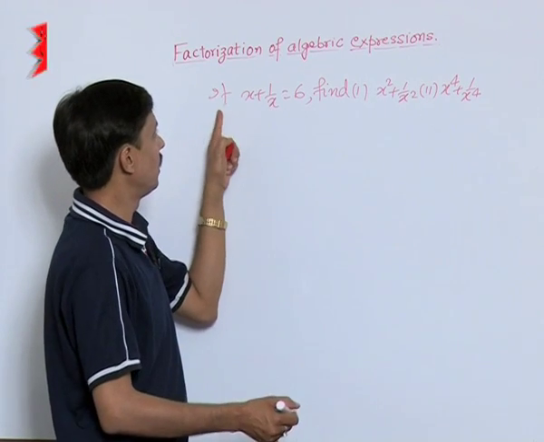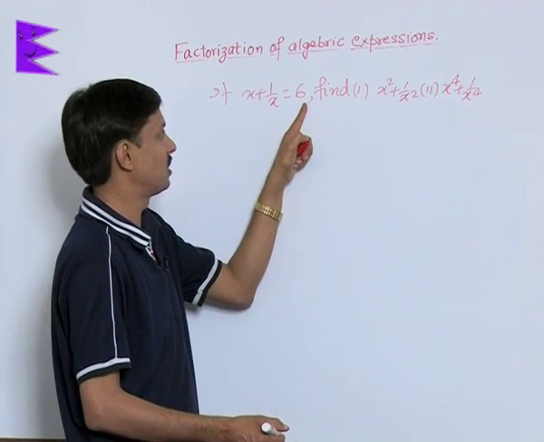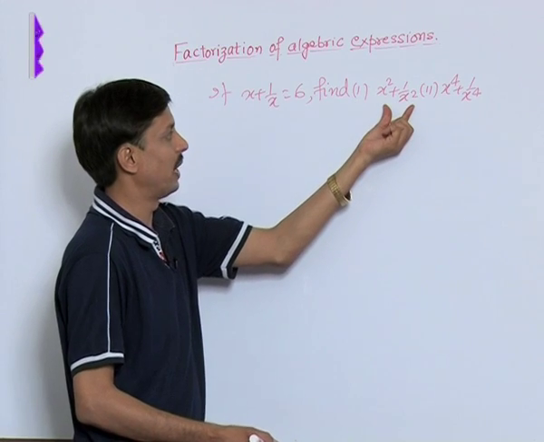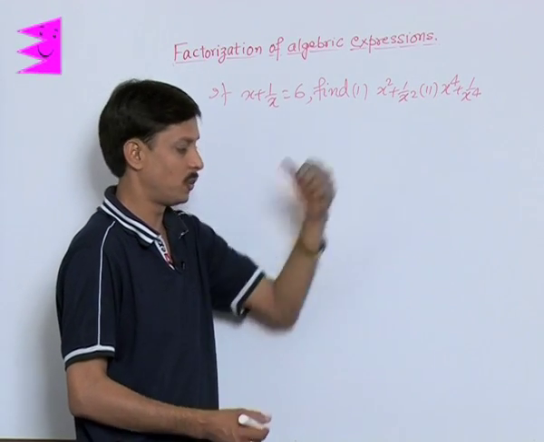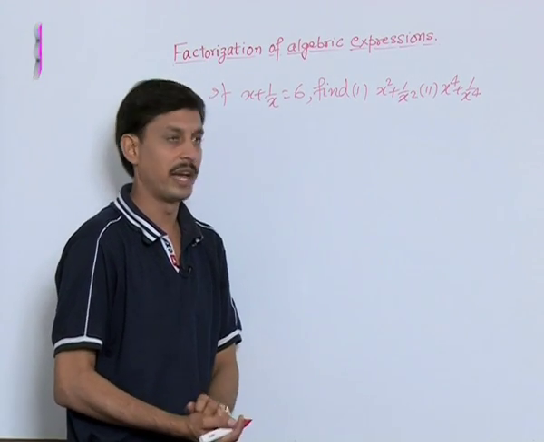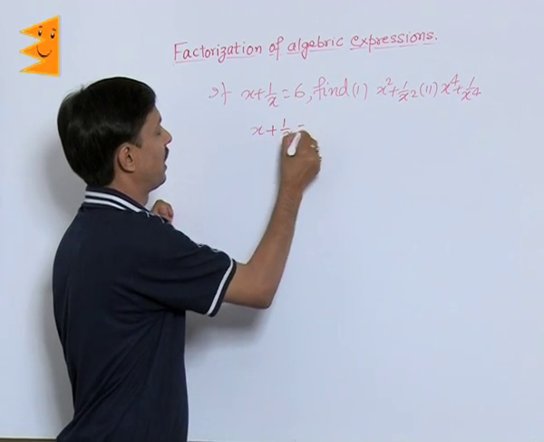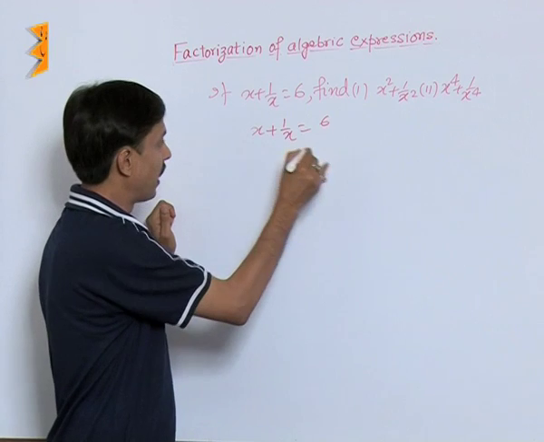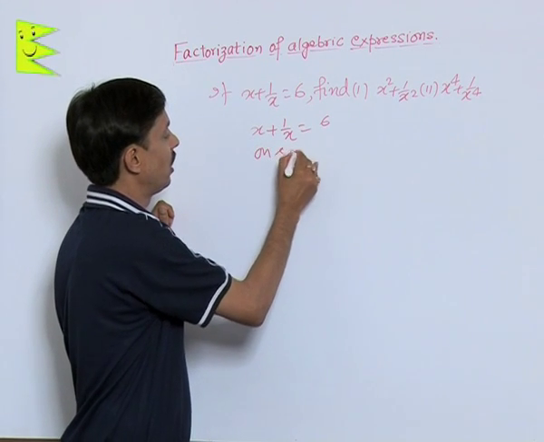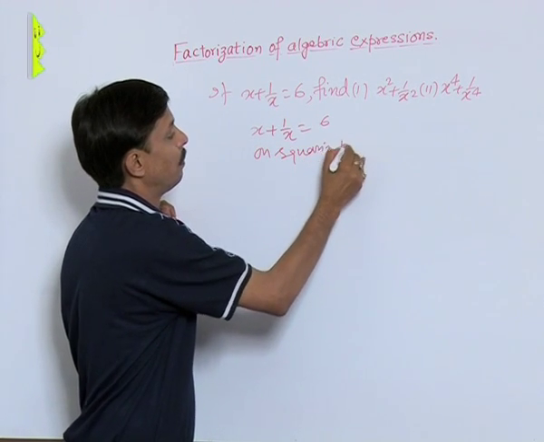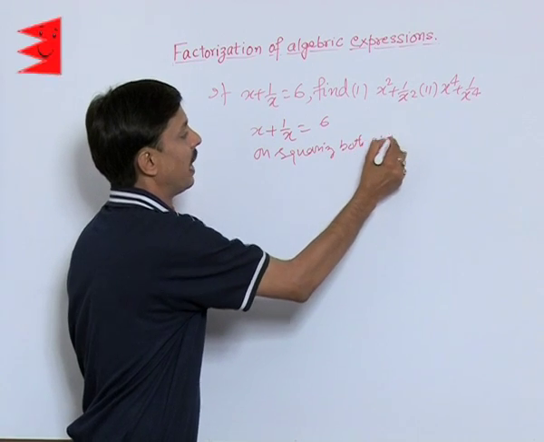So the question is, if the value of x plus 1 upon x is 6, then what are the values of x square plus 1 upon x square and x4 plus 1 upon x4? As we have x plus 1 upon x is 6, so on squaring both sides. Why have I written this?